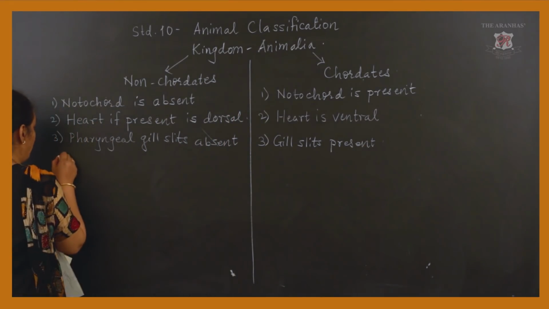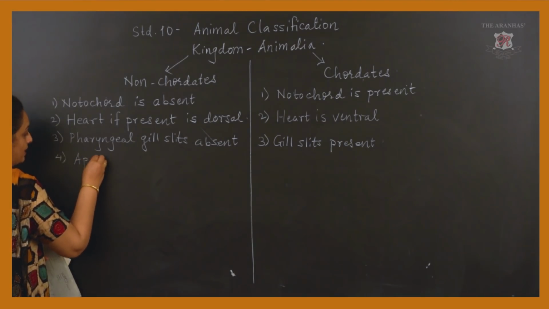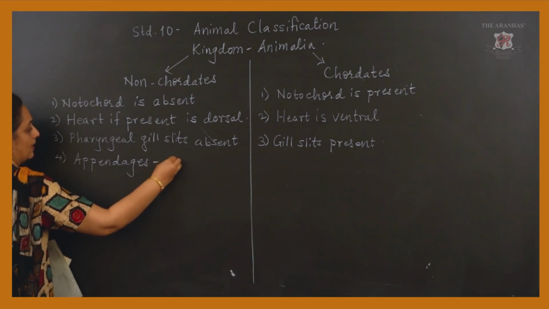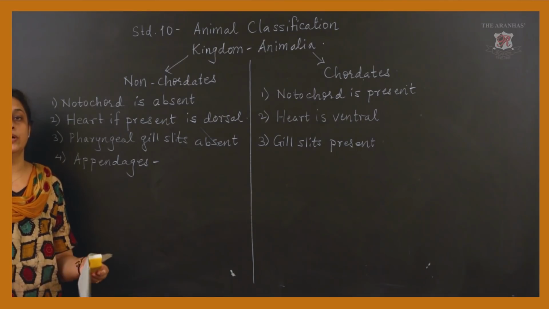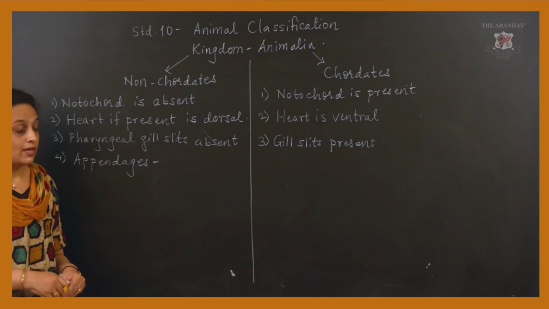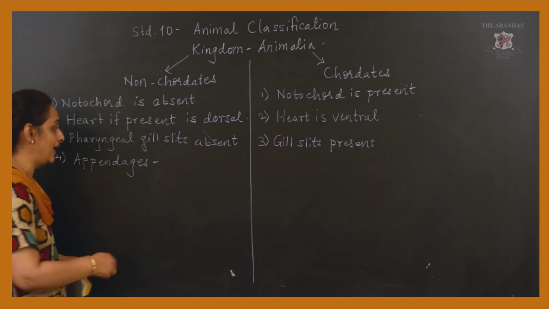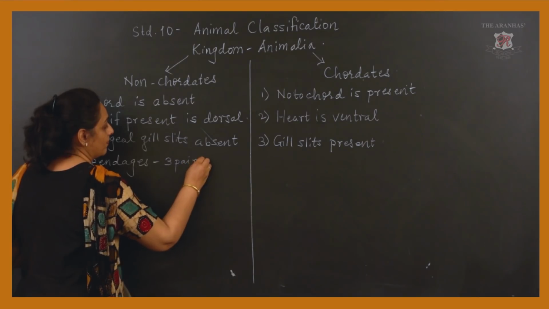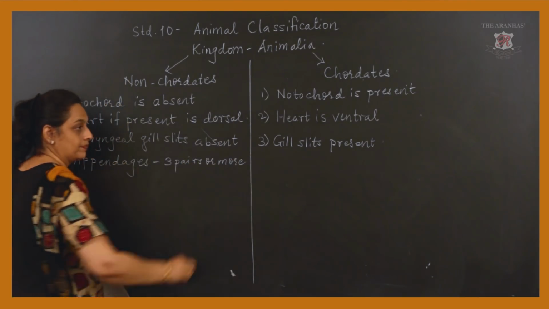Okay, another important difference, appendages, that is locomotory organs, in simple words, hands and legs. So how many appendages are present in non-chordates? 3 pairs or sometimes more.